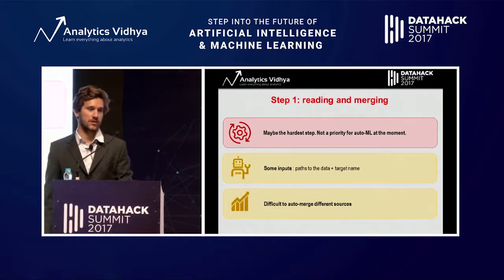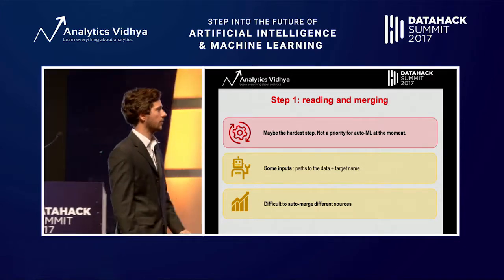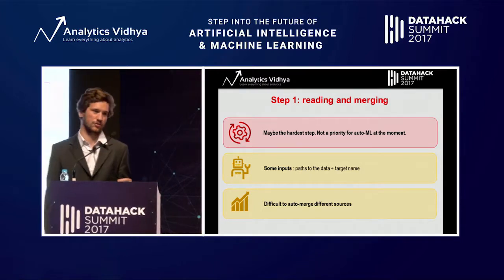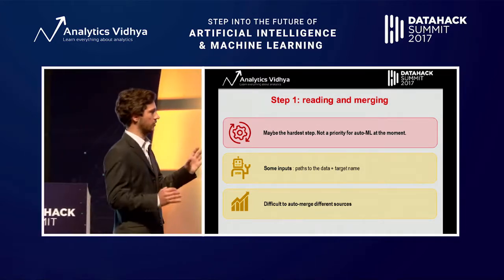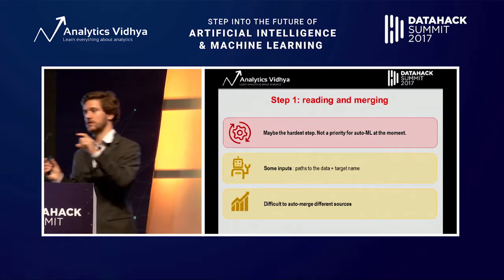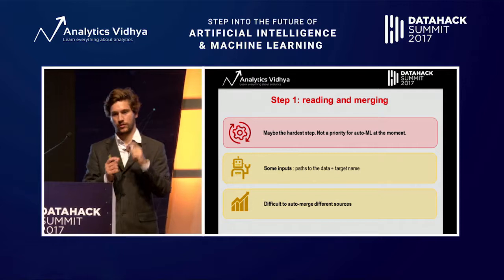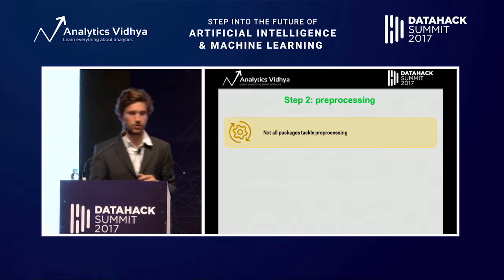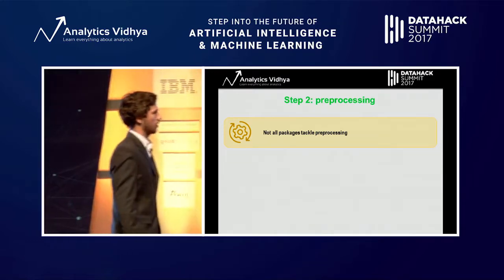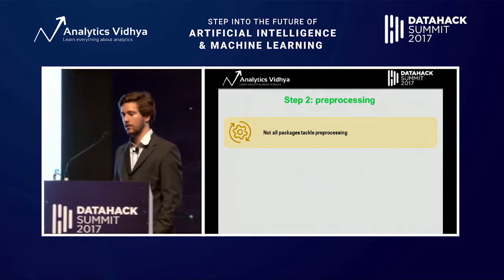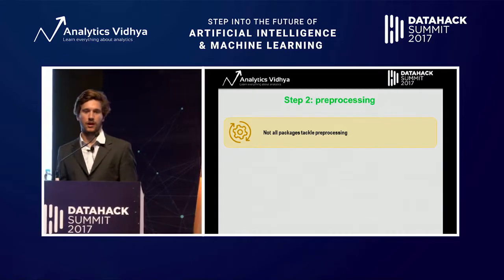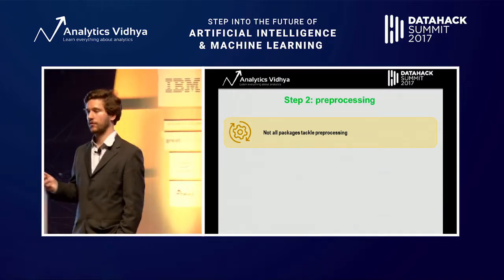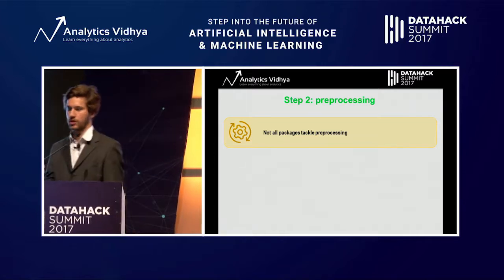And in terms of accuracy, it's not the maximum level, since it's difficult to auto-merge different sources. It could take a lot of time also to understand that, okay, this sample is already in another database and so on. So it's difficult also to automate this. Preprocessing is maybe easier, but it's important to notice that not all packages tackle preprocessing. There are a lot of packages that automate only the optimization step, and you will first need to encode and preprocess your data manually.